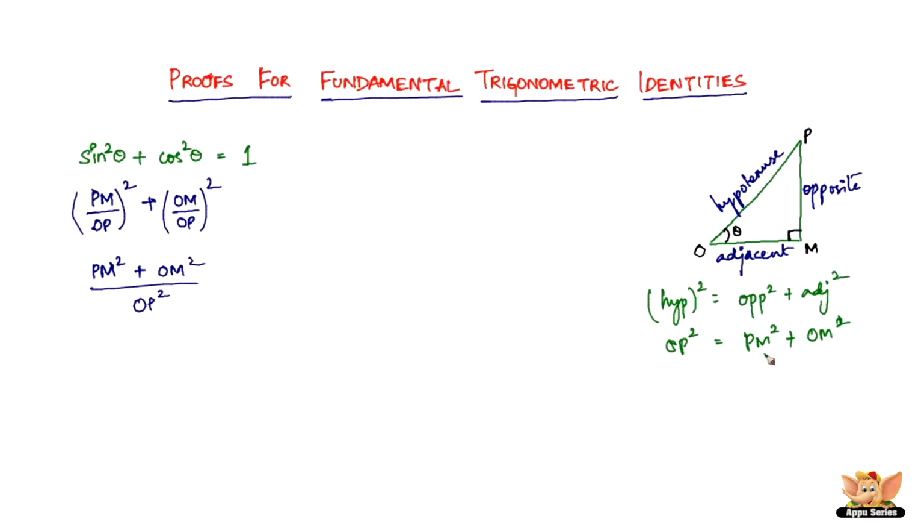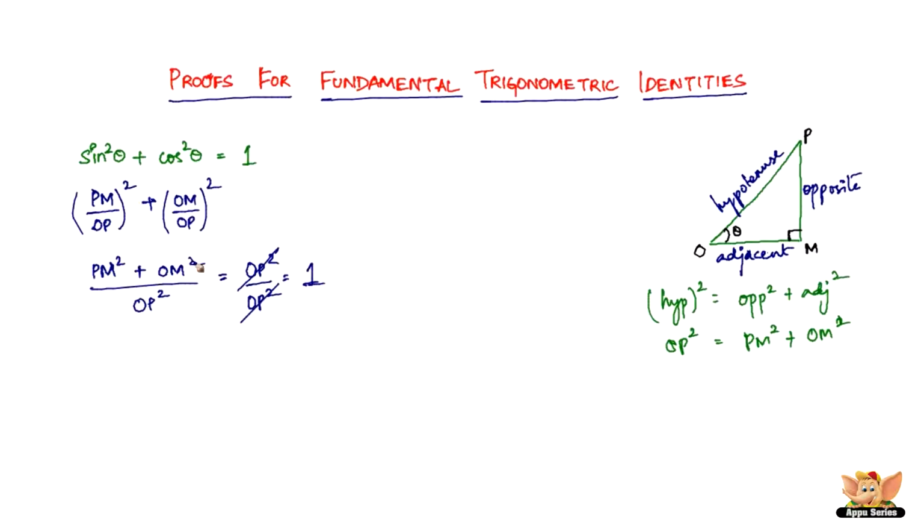So PM square plus OM square, according to the Pythagoras theorem, is equal to OP square, and the denominator also has OP square. So OP square gets cancelled, and we get 1.